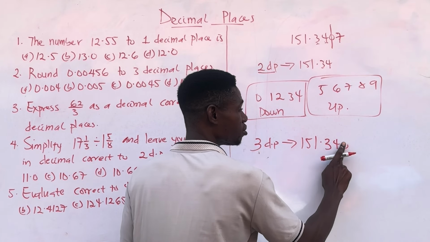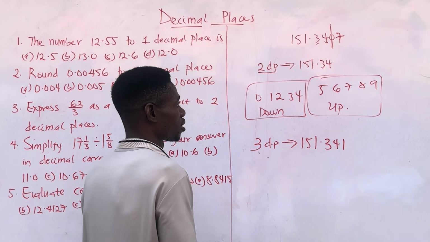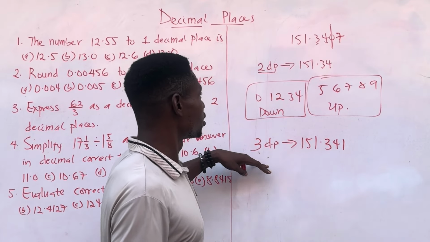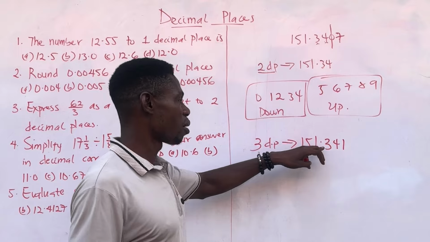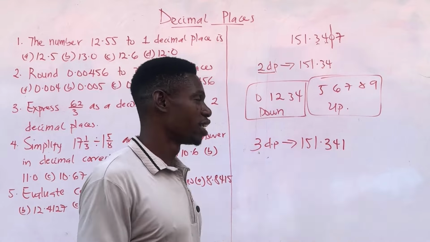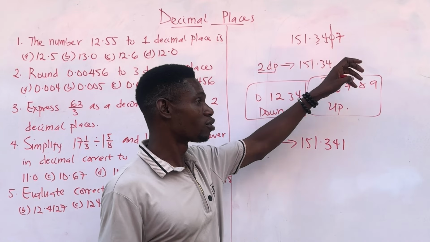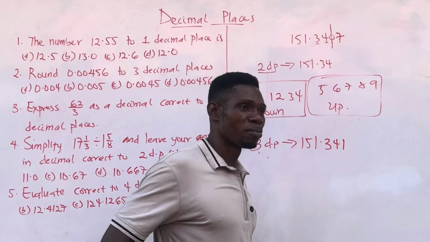So it becomes 1. So to three decimal places, 151.34007 becomes 151.341. Now, why did we make it 1? Because the 7 after this 0 is a round up number. So we add 1 to the stopping point.